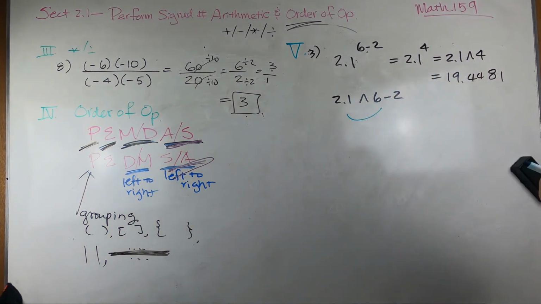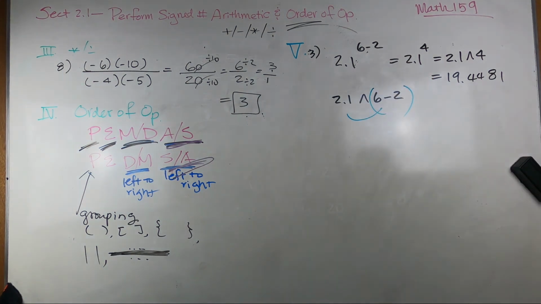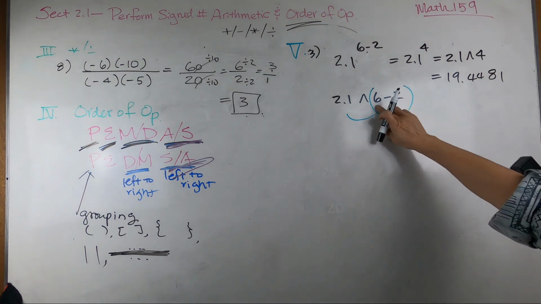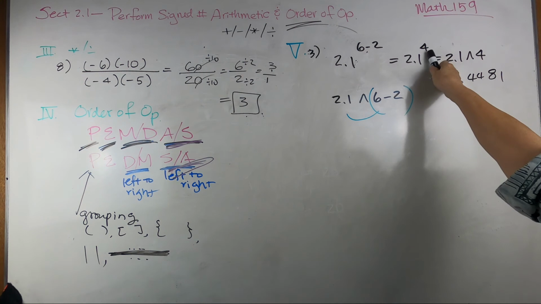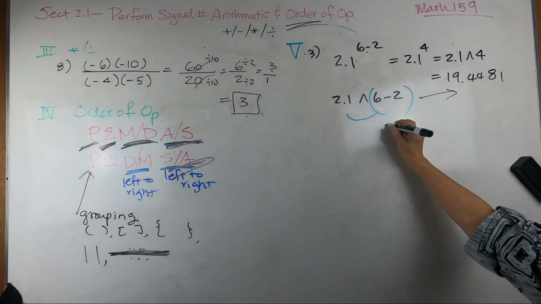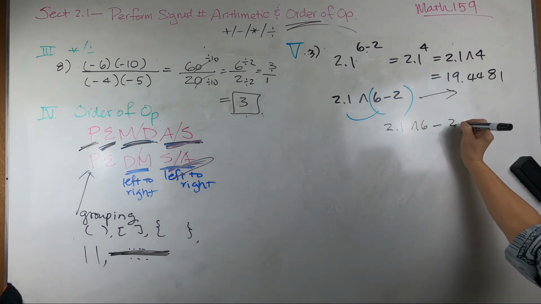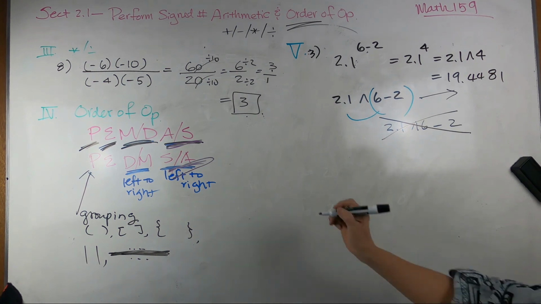So if you enter it into the calculator in one shot, you need to put parentheses around it, so the calculator will understand what you want. You want to simplify the power first. Then you will get the same answer. Otherwise, if you do 2.1 to the 6 minus 2, you will get a different answer, which is not what we want. Okay?